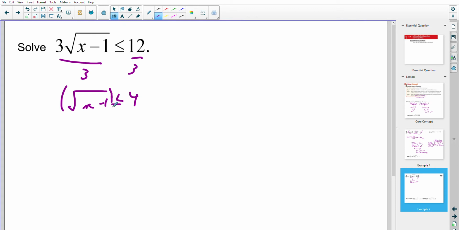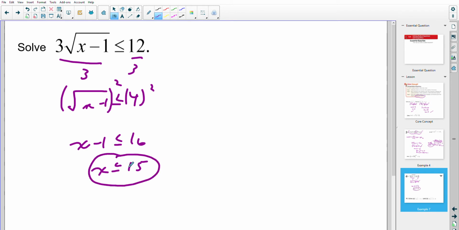When you square both sides, again, you're going to want to check an answer here, but this becomes x minus 1 less than or equal to 16. Some of you may be thinking about flipping that sign. Remember, that's only when you multiply or divide by a negative number. So this means that x is less than or equal to 15, and 0 would work.